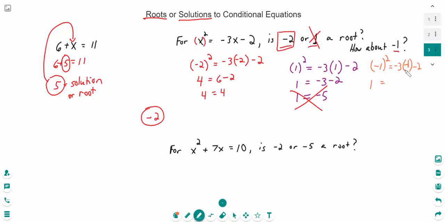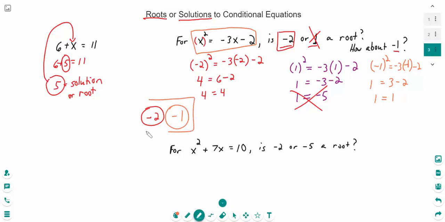Negative 3 times a negative 1, it's a negative times a negative, so that's a positive 3. And then we have this minus 2. And then if we rewrite, 1 equals 3 minus 2, which is a 1, and 1 does in fact equal 1. So another solution, another root for this equation is going to be a negative 1.